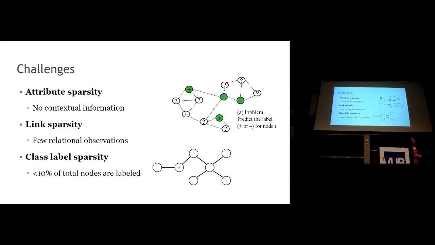And the last one, which is more of interest to machine learning people, is class label sparsity, where I have this phone call network or any other complex network, but I don't know the value of a lot of these states. So a lot of the nodes actually don't have labels. So what would I do in that case?